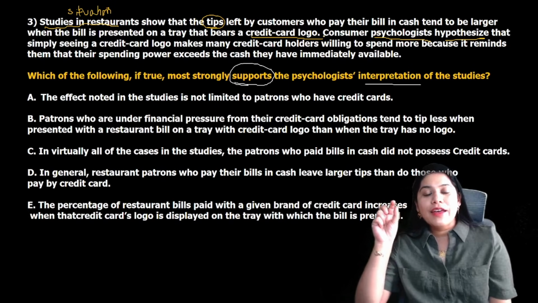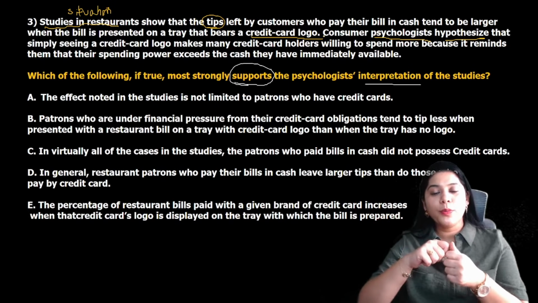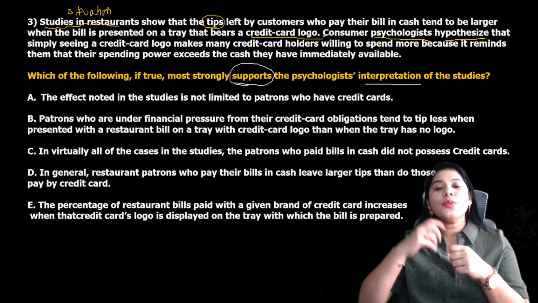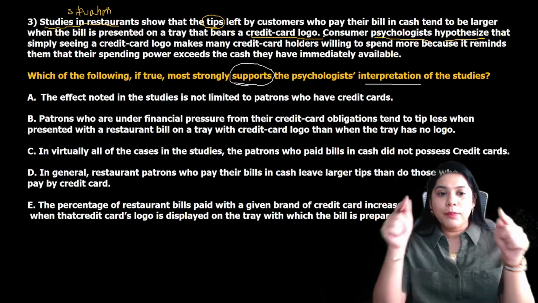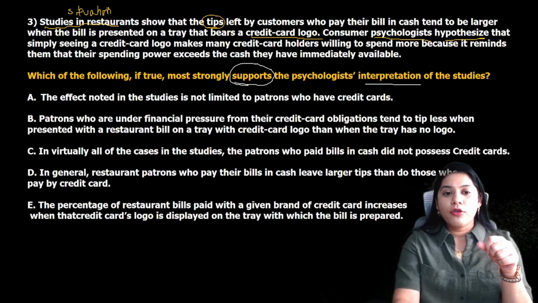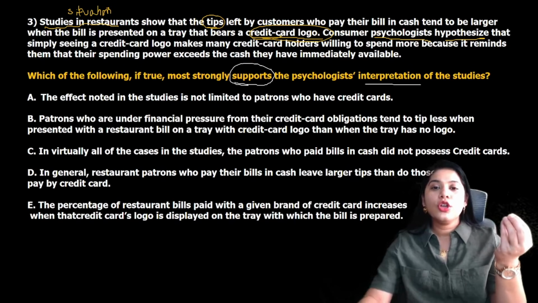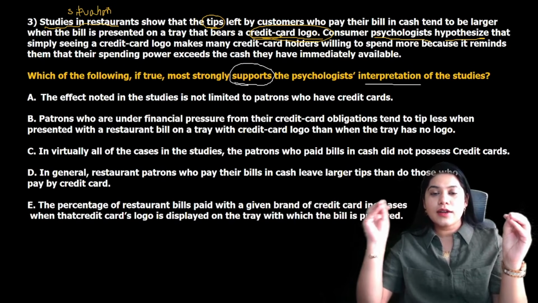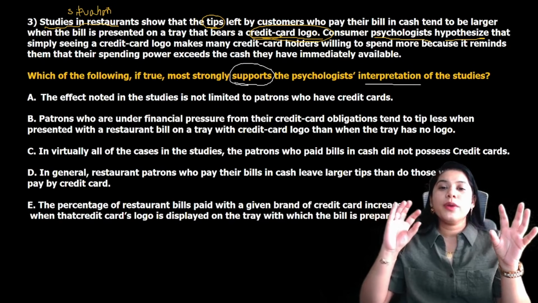So the tips left by customers who pay their bill in cash, and you paid by cash, not by card, tend to be larger when the bill presented on the tray bears a credit card logo. So when you see the logo, your tip is larger. Right? That's the correlation. When you see a credit card logo, you pay a better tip.